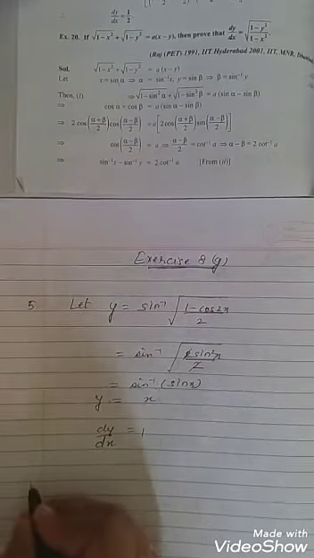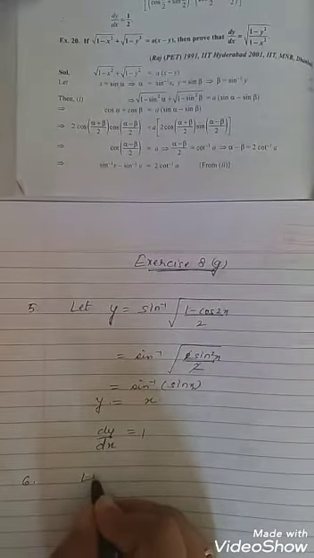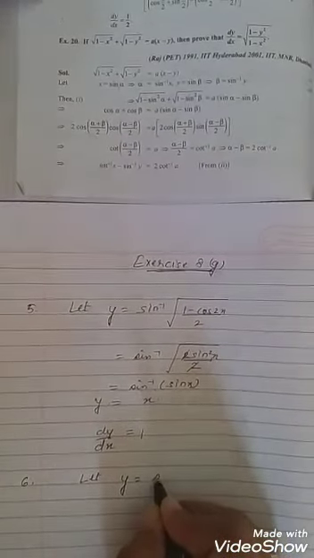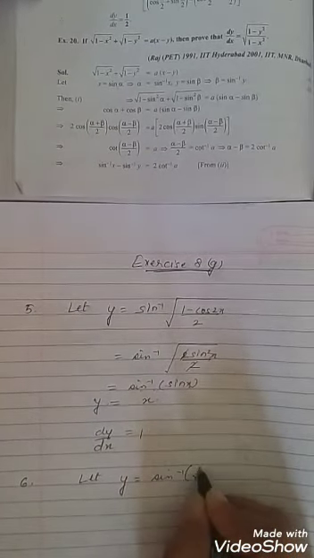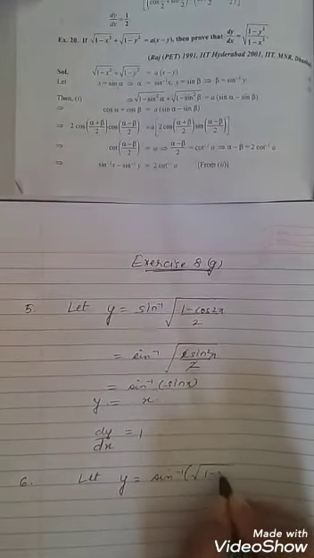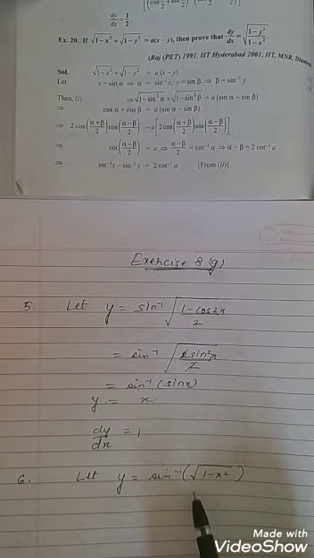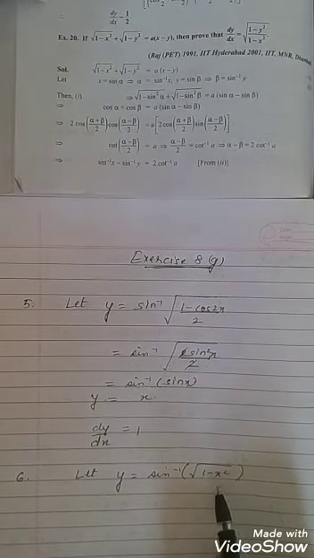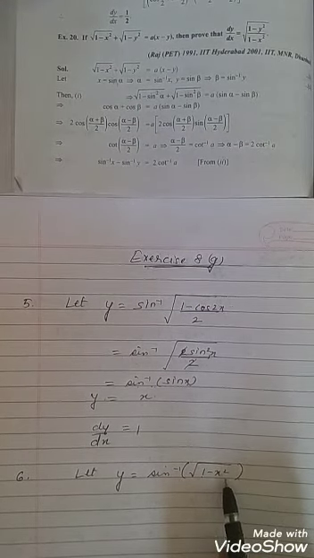It's question number 6. Again we'll let it be y. Let y equal sine inverse of the square root of 1 minus x square. Now children, if you observe, this is of the form a square minus x square, and if you remember, we put it as either cos square theta or sin square theta.